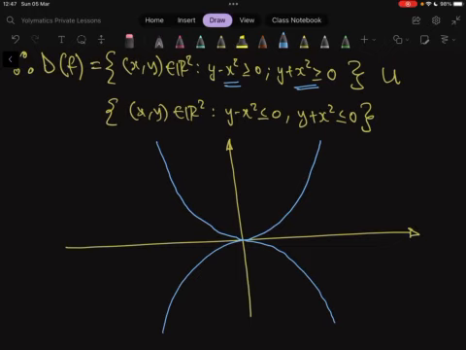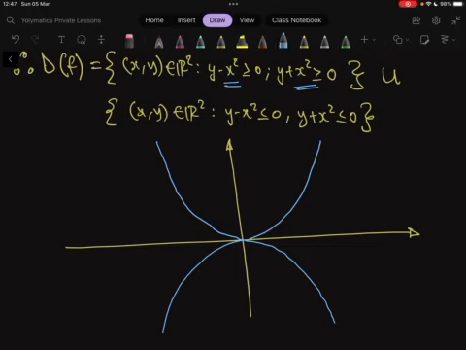First, let's ask ourselves, if we were only to consider y minus x squared greater than 0, what region is that? If you look closely, you will see that the region y minus x squared greater than 0 corresponds to the region where y is greater than x squared. And that region, if we shade it, is actually this region.